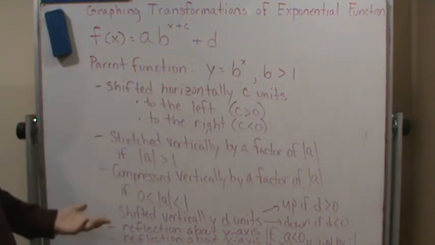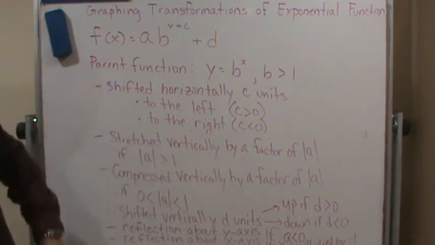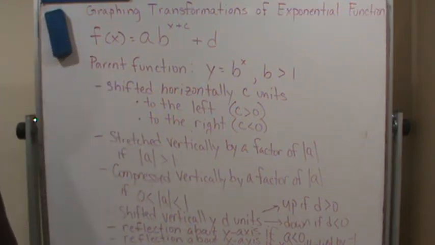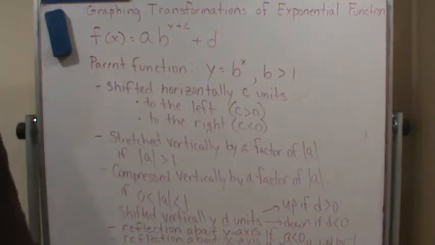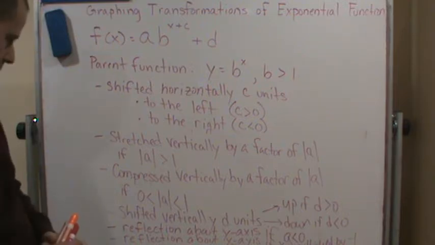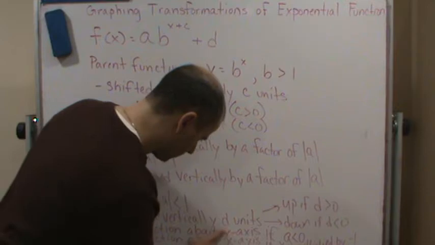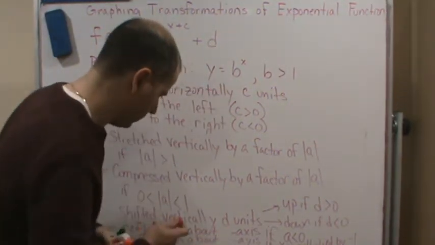And then the reflections, right? So if a is negative, it's going to be a reflection about the y-axis, and so just keep that in mind. If a is negative, in other words, you're multiplying by -1 here, right? Then it's a reflection about the x-axis. Oh, hold on a second. I got this mixed up. Nope, x-axis, not y-axis.